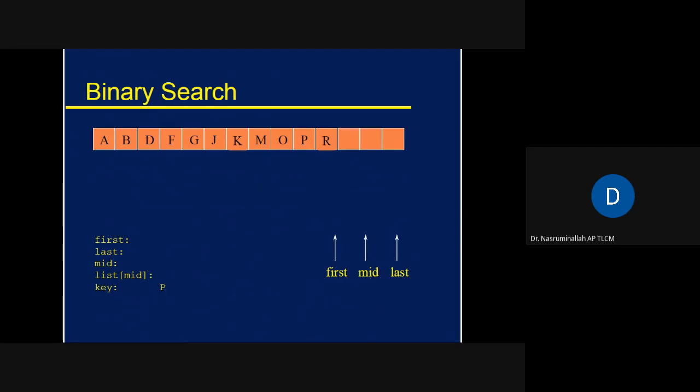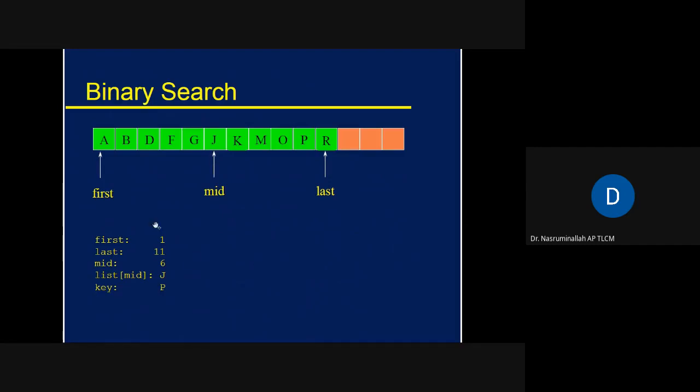So the first step would be to initialize the first, last, and mid cursor. The first arrow will be pointing to A, last is pointing to R, and mid of this data is pointing to J. This is the mid.